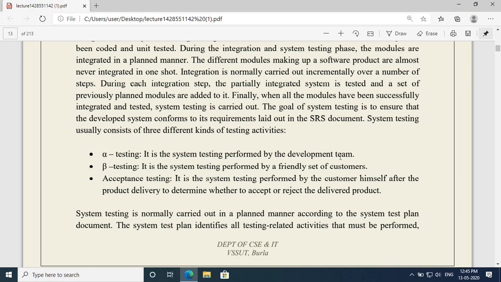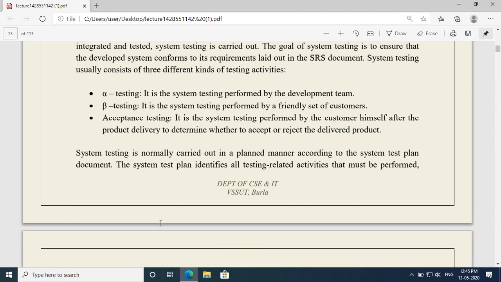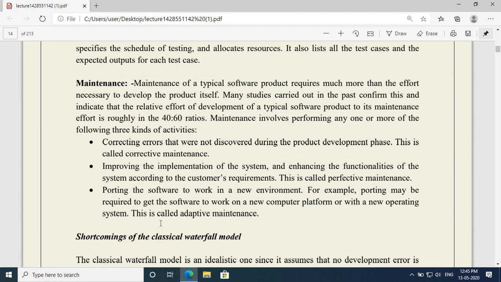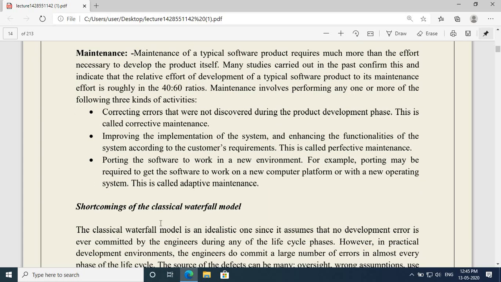If the software is tested by the customers, that is known as beta testing. Acceptance testing is testing performed by the customer itself. Always remember, the main aim of testing is to find out the errors.